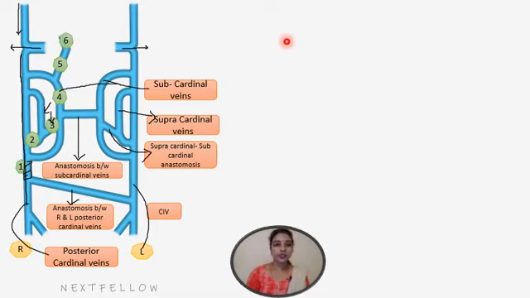So all together will form the inferior vena cava. So 1, 2, 3, 4, 5, 6 sources. All these vein parts will join to form the inferior vena cava.